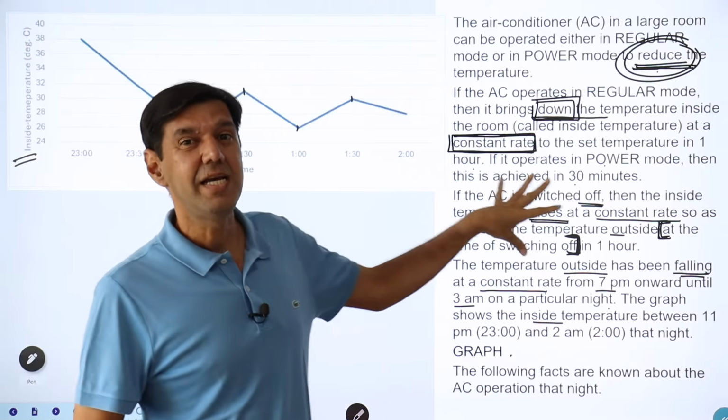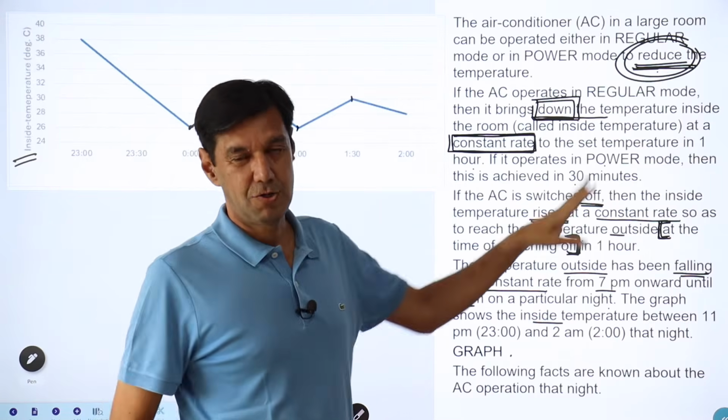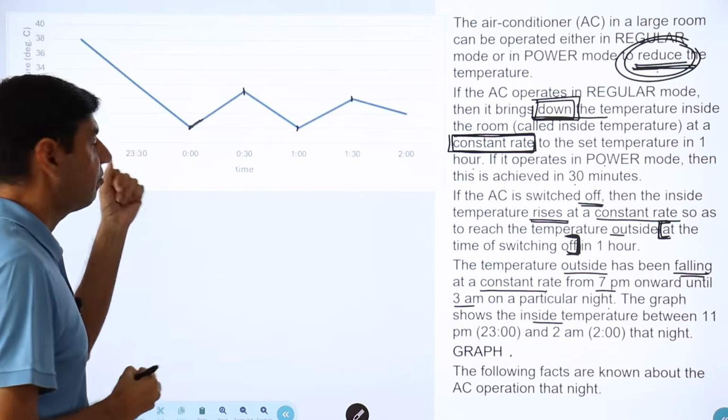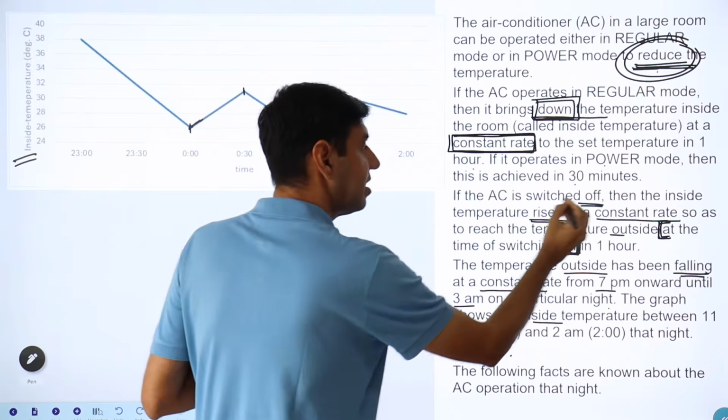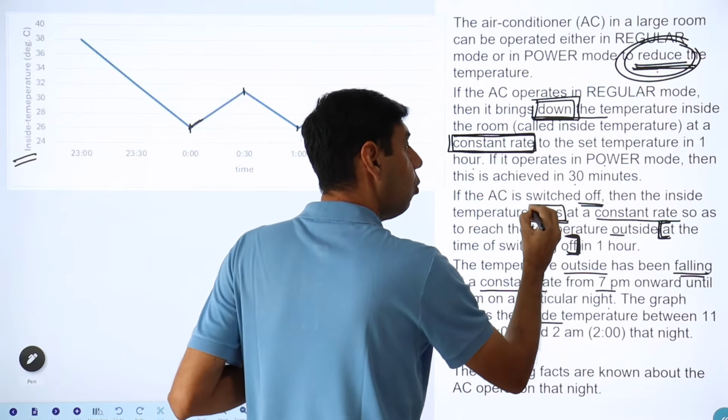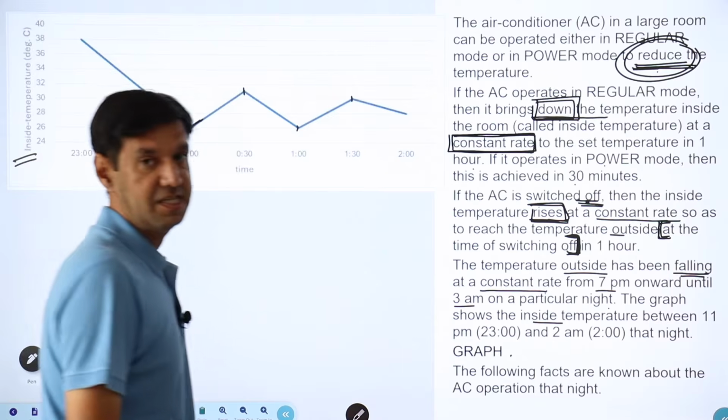Now this is a little detailed but expected to understand, students. So it's very clear that whenever the temperature is rising, it only rises because the AC is switched off.